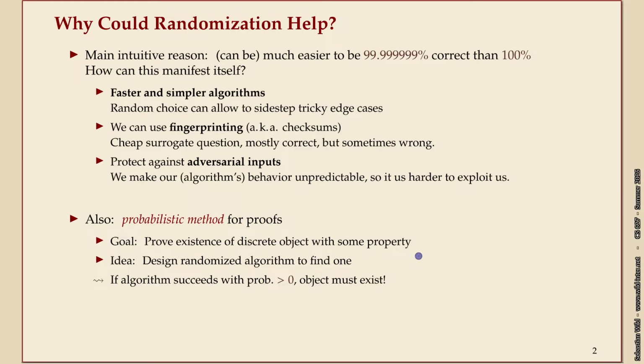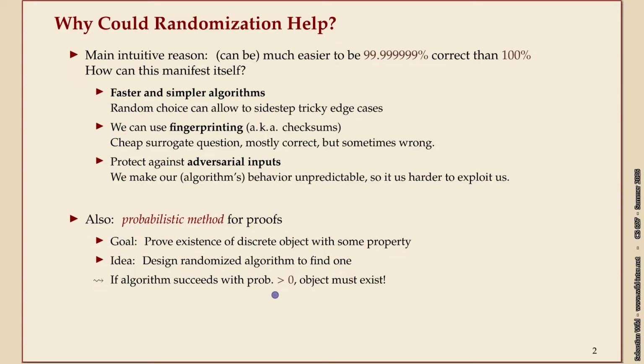Rather, you have some obscure object with certain properties where it's not obvious or not clear whether it should exist. And the idea is the proof technique says, okay, maybe you don't know. Let's try to design a randomized algorithm to construct such an object or to find such an object. And if you can prove that there's a positive non-zero probability that this algorithm succeeds, well, then there must be such an object.